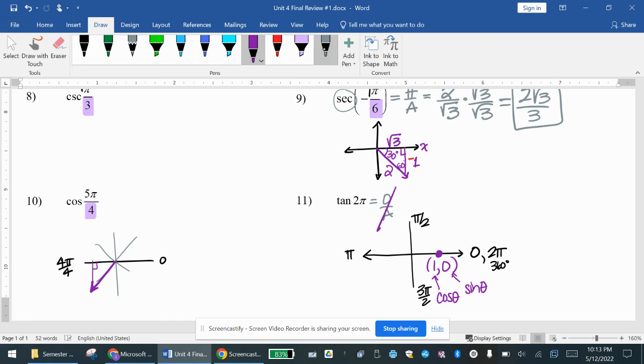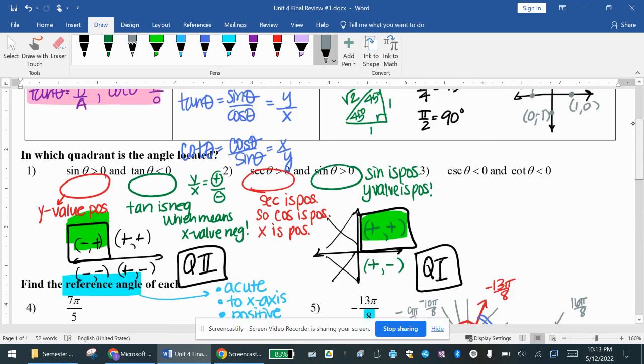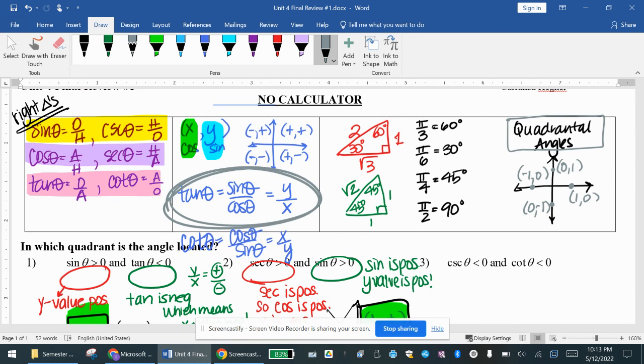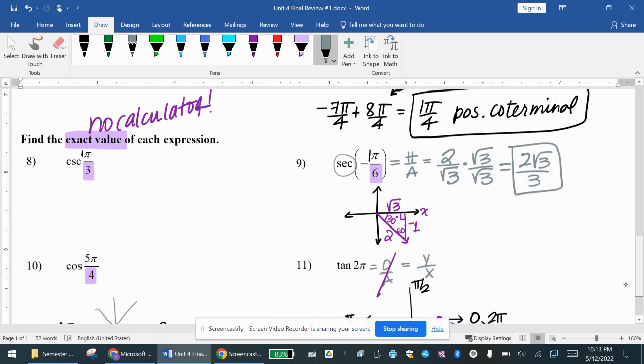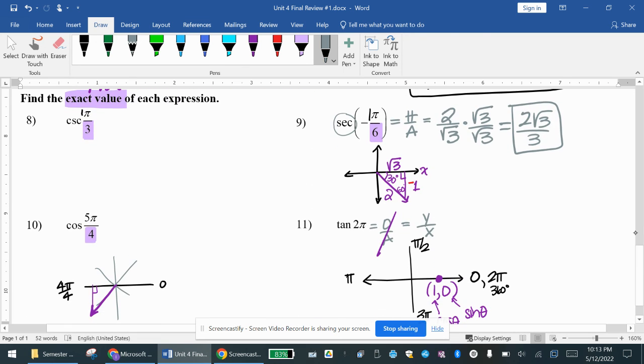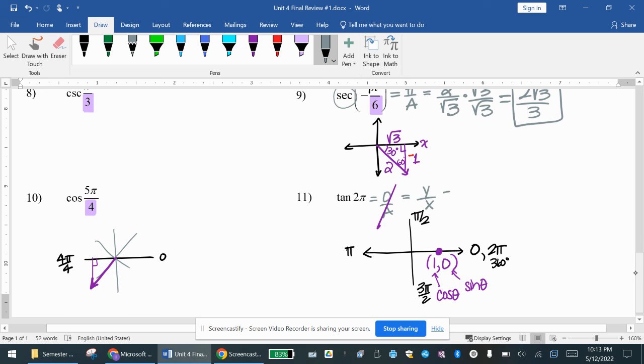So tangent, obviously, you know it as opposite over adjacent, but we could also write it as y over x. Remember we talked about that up here. Tangent is also y over x. So if I take the y value of my ordered pair, which is 0, and divide it by the x value, which is 1, 0 divided by 1, is that 0 or undefined?